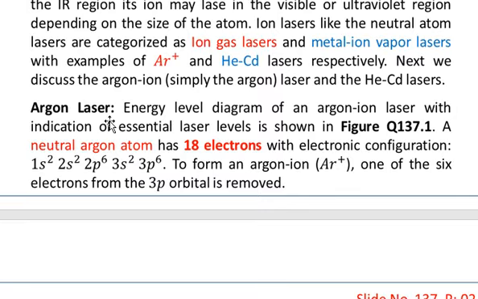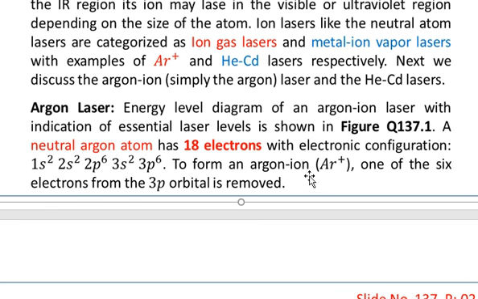Argon laser. When we talk about argon laser, it means that we are talking about the singly ionized argon laser. The energy level diagram of an argon ion laser with the indication of essential laser levels is shown in figure number 1. The neutral argon atom has 18 electrons with the electronic configuration of 1s2, 2s2, 2p6, 3s2, 3p6.